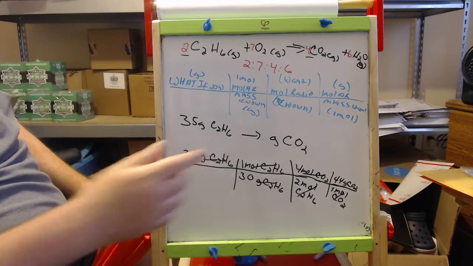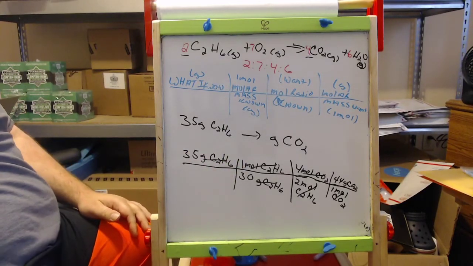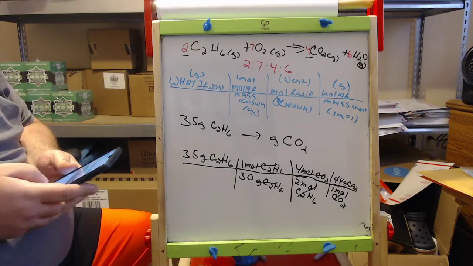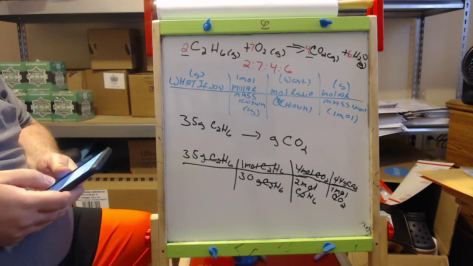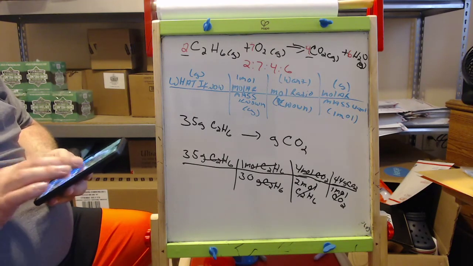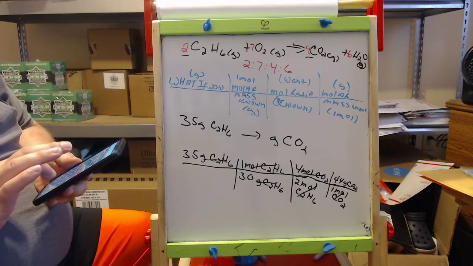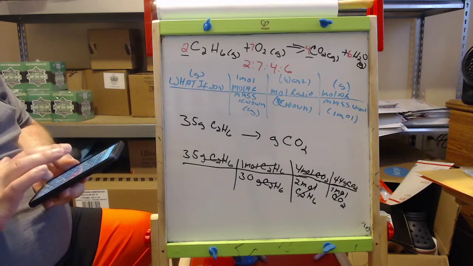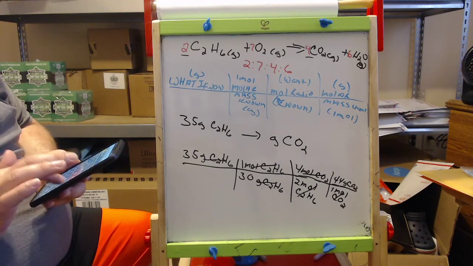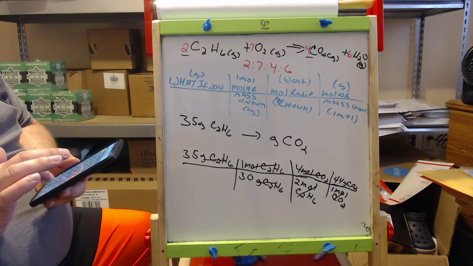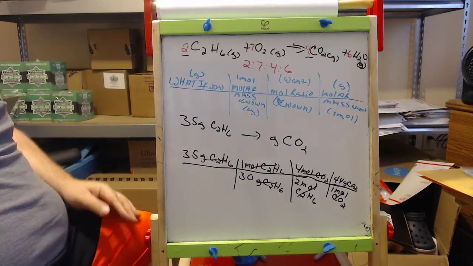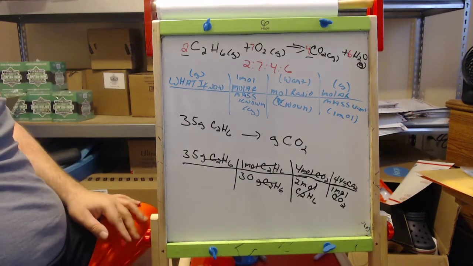Okay, and we'll do the math. Let me get my calculator out here. So I'm going to take 35 divided by 30 times 4 divided by 2 times 44. 102.6.